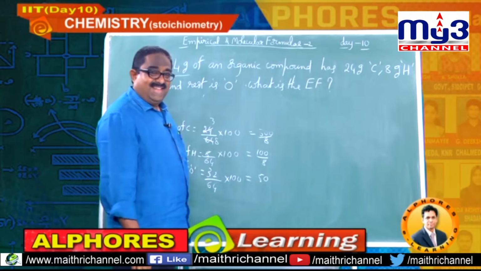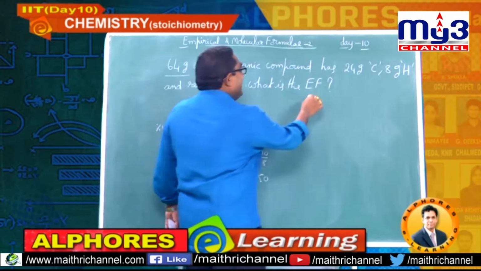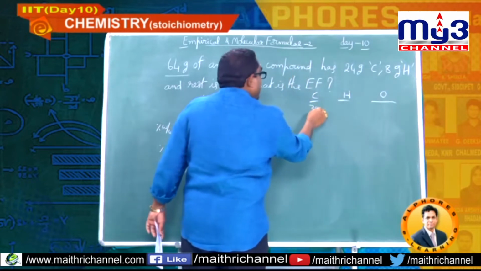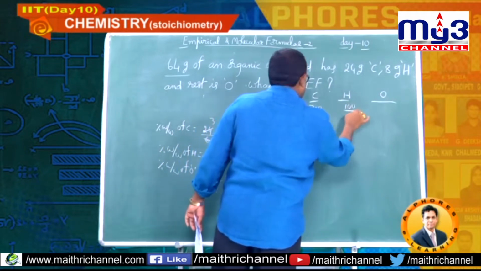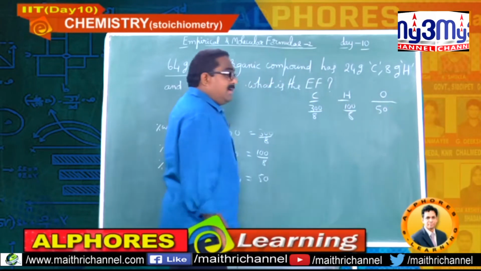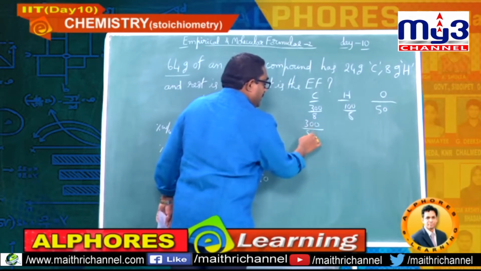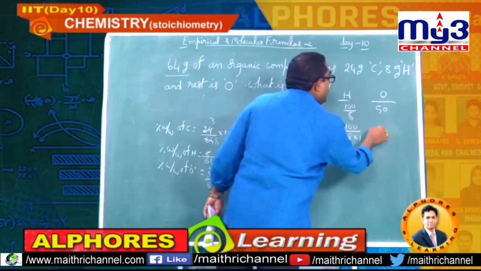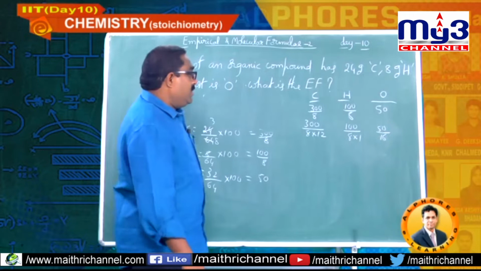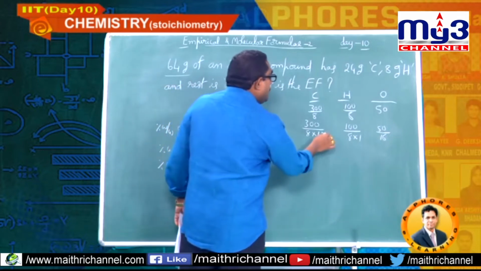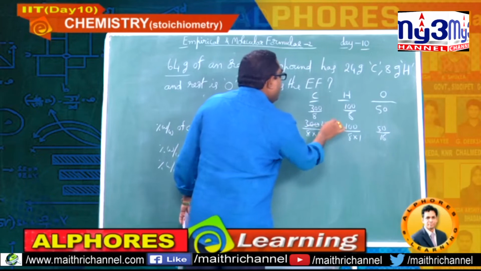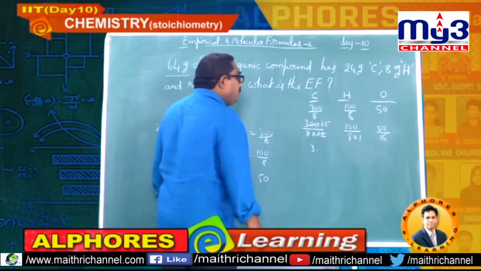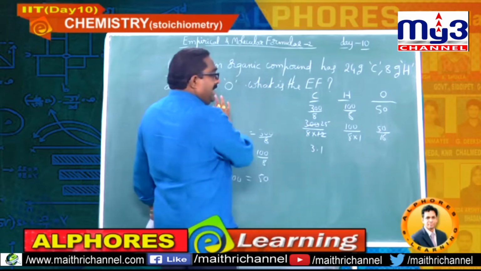Okay students, let me go for normal calculation, right? Carbon, here I am simply writing the oxygen weight. Here I got it as 300 by 8, this is 100 by 8, this is 50. Now divide with respect to atomic weights, 12, 100 by 8 into 1, 50 by 16. 12, 25 by 8, 3 8s are 24, approximately 1, leave it.